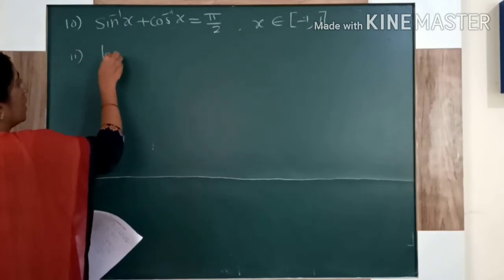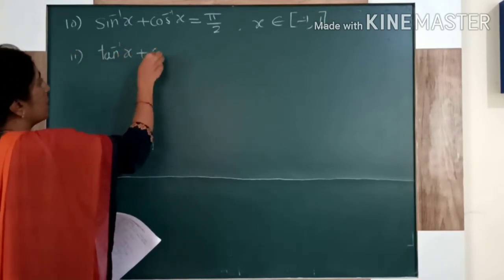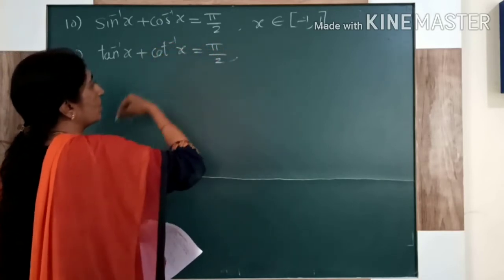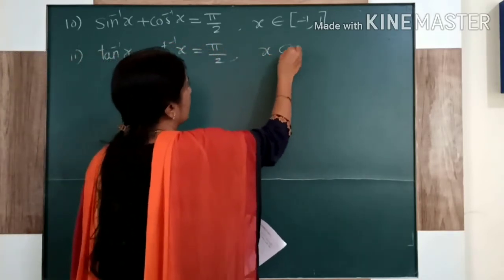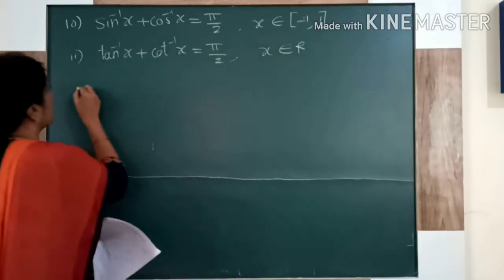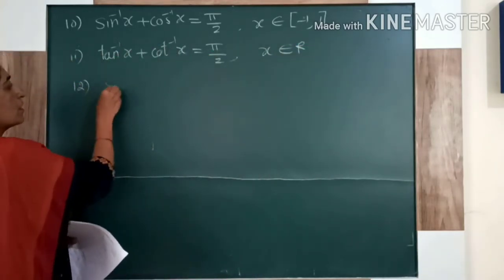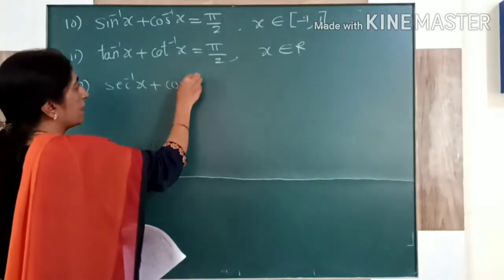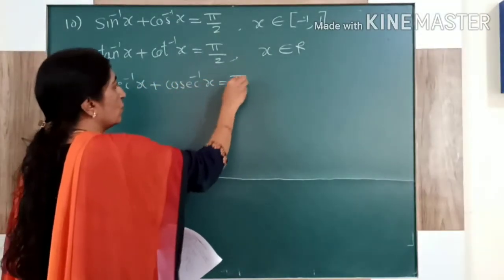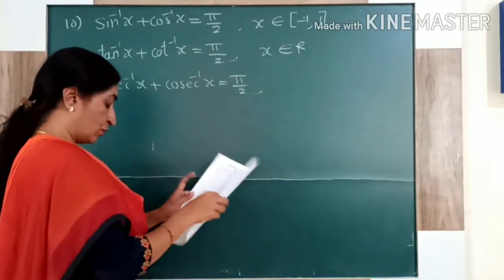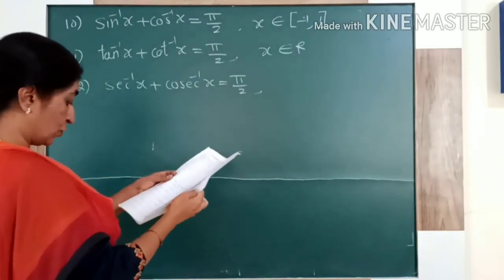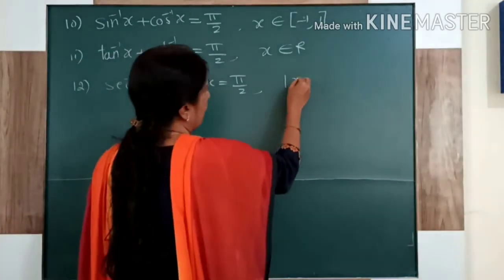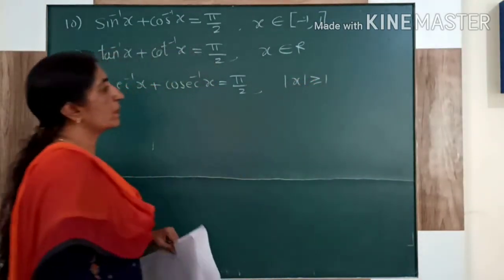Next, tan inverse x plus cot inverse x is equal to pi by 2, x belongs to R. Next, sec inverse x plus cosec inverse x is equal to pi by 2, here x belongs to minus 1 to plus 1.